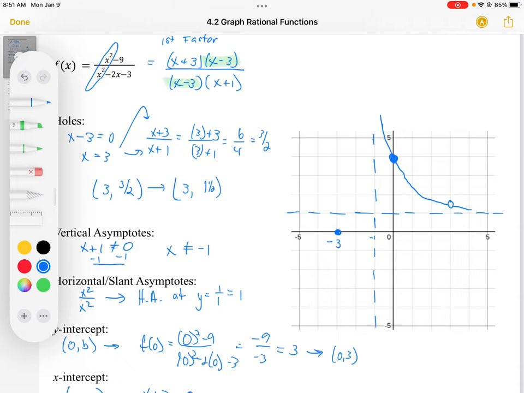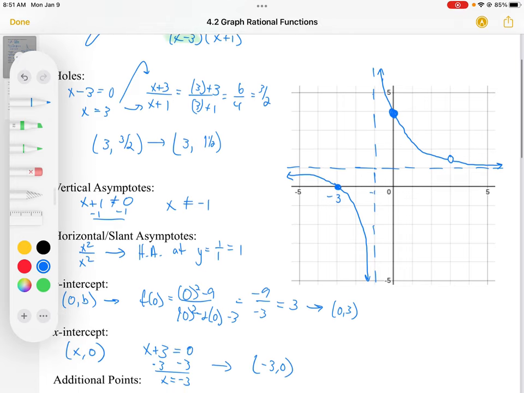It's going to pass through the hole but not include it, and it's going to ride along the horizontal asymptote. Now, I suspect that in the bottom left, my graph is going to look something like this, and it's going to ride along the horizontal asymptote on the top and the vertical asymptote towards the bottom. But let's just make sure that that's true.